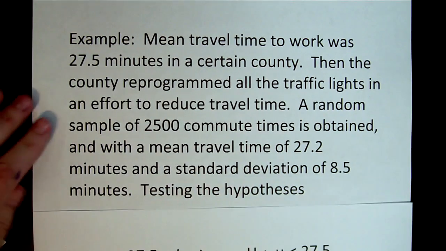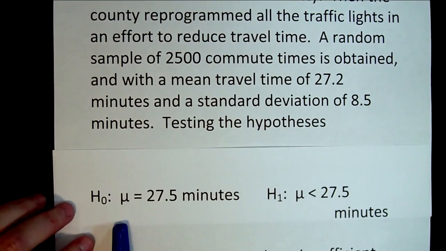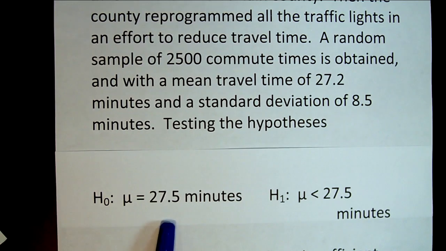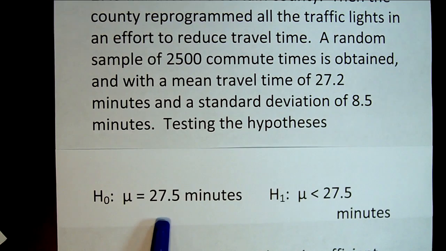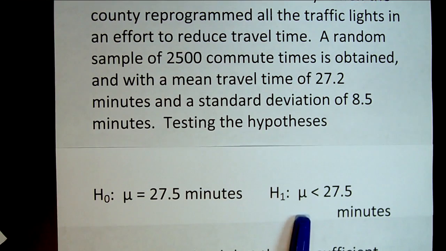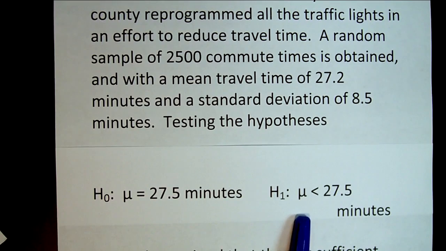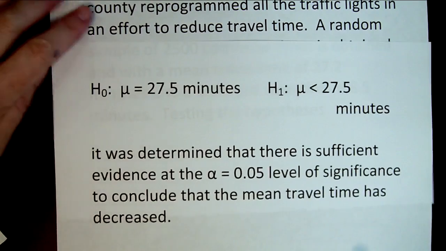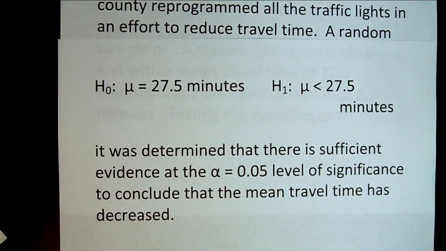When the county tested the hypotheses, the null hypothesis was that recalibrating the traffic lights didn't change the mean travel time, so no difference between the new mean and the old mean, versus the alternate hypothesis that the recalibration reduced the average travel time. They determined that there was sufficient evidence at the alpha equals 0.05 level of significance to conclude that the mean travel time has decreased.